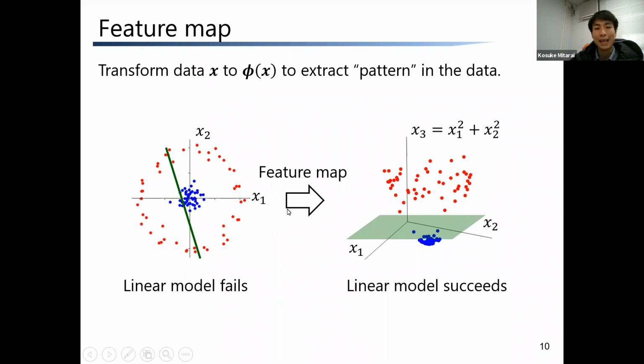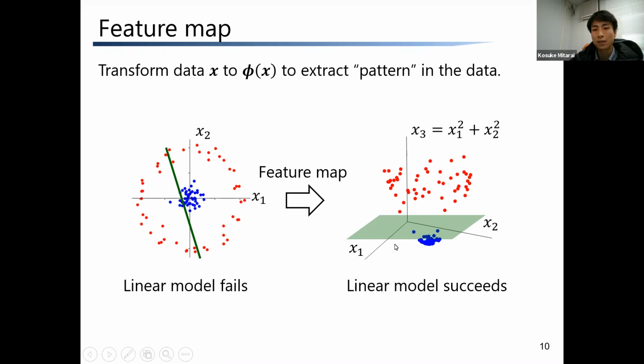But if we add a third dimension, because this is circle-like data, we can add the third dimension to be x1 squared plus x2 squared, so that the red dots and the blue dots can be separated by a plane. And a plane is a linear model.